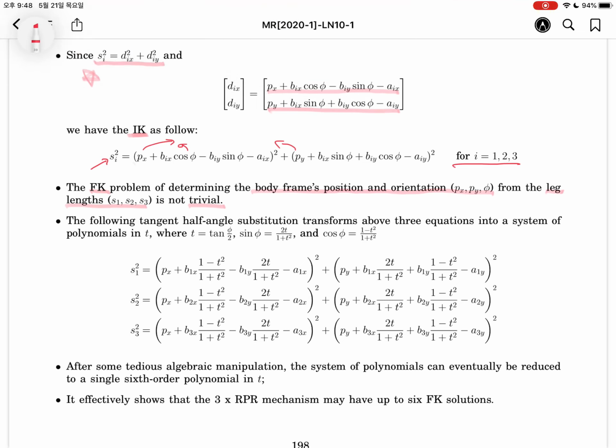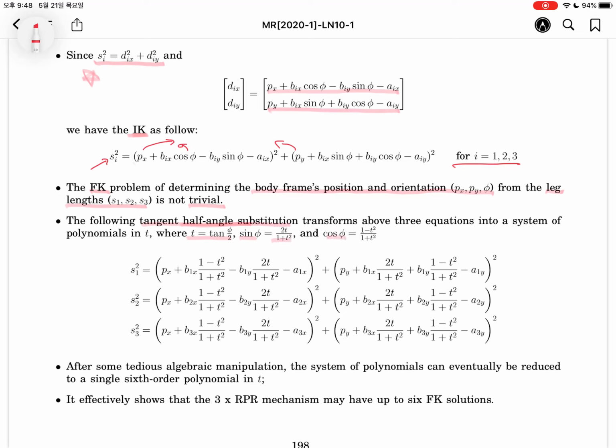Okay, so let's introduce the half angle, or tangent half angle substitution, because cosine phi and sine phi are nonlinear functions. So we will replace them with polynomials. If we let t be tangent of phi over 2, at that time sine phi will be 2t over 1 plus t squared.